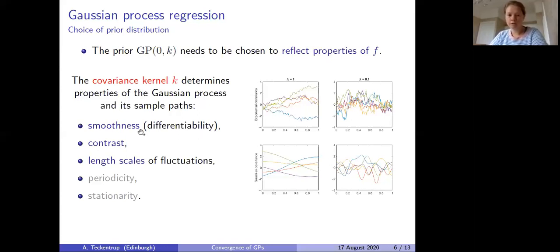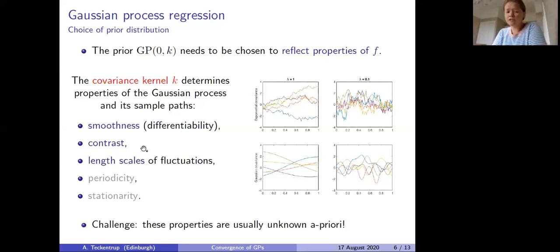These are all things that are determined by the prior, and usually there are some hyperparameters in your covariance kernel k which govern what these things are. In general, there are also a lot of other properties that the covariance kernel determines, such as periodicity and stationarity, but I'm not going to talk about those today, and I'm mostly focusing on these things here.